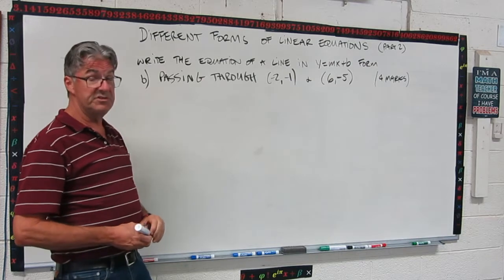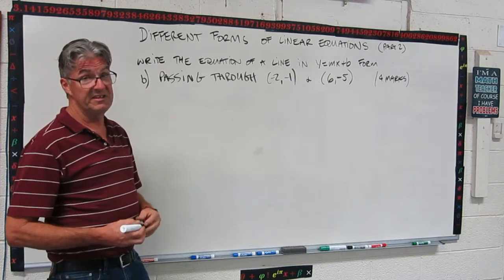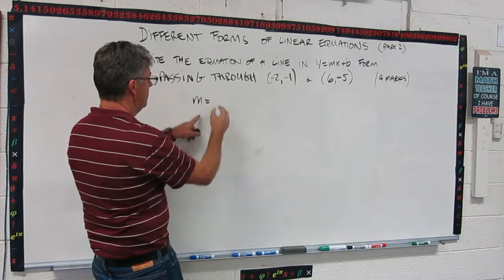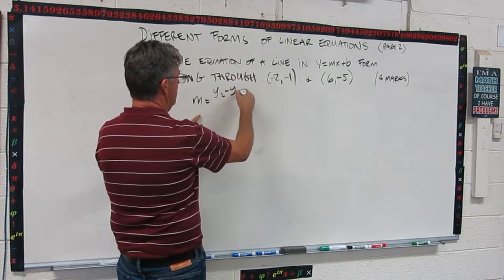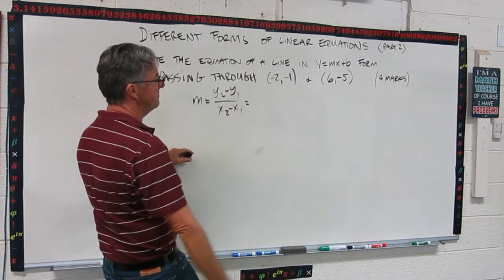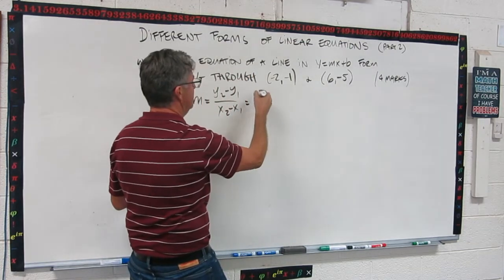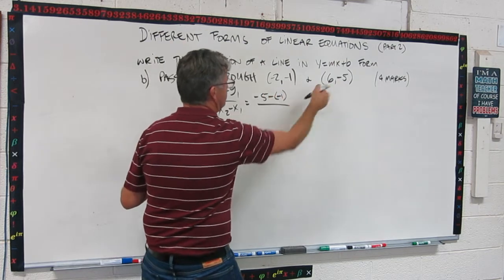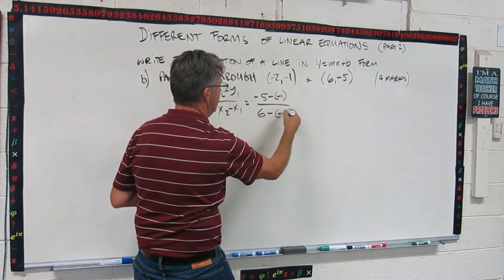Now, when you start with 2 points, you need to find the slope. We're going to use our slope equation, y2 minus y1 over x2 minus x1. Do my plug-in step: y2 minus y1 is -5 minus -1, over x2 minus x1, 6 minus -2.